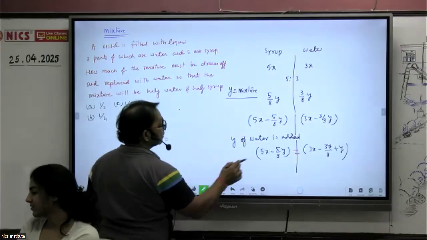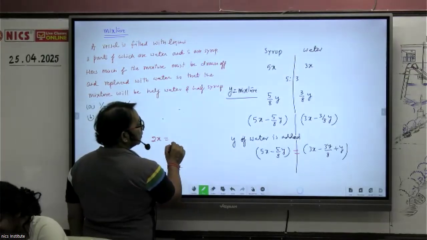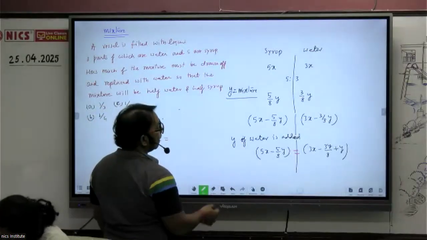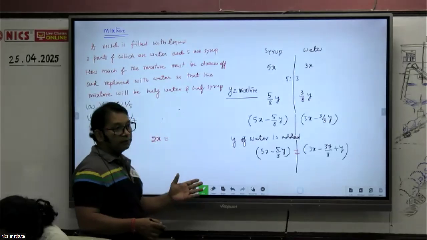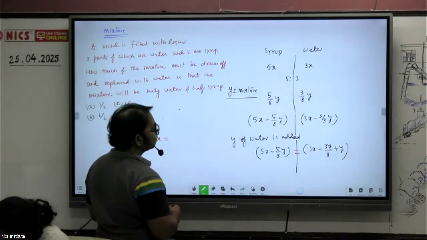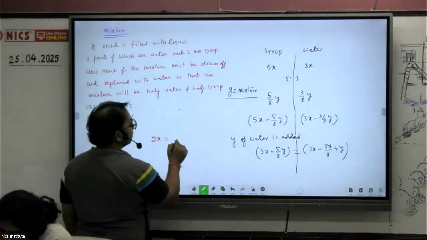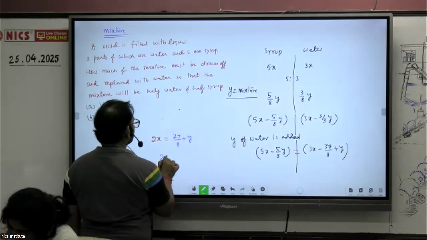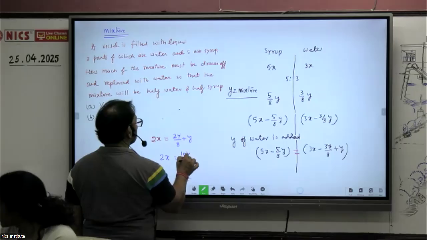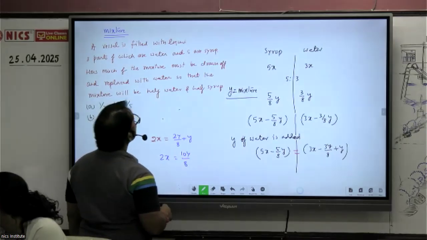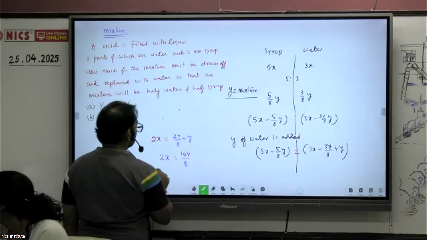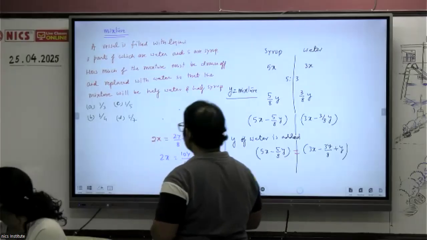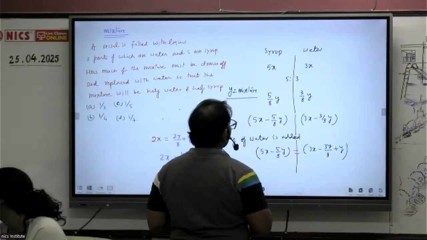So 2x is, because it's 1:1 now. Why amount of?